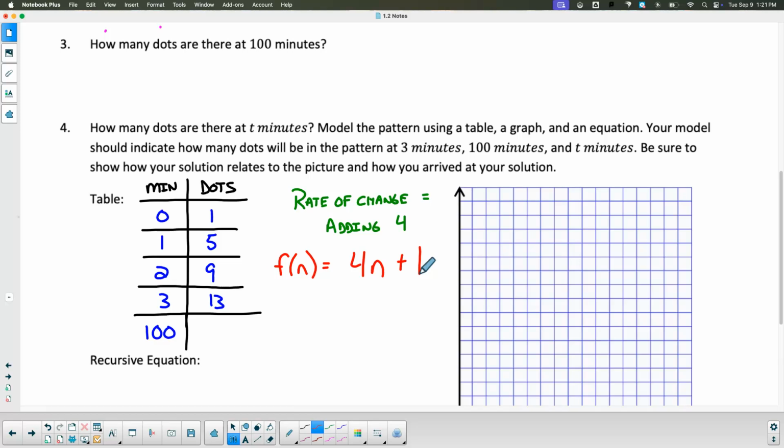It's that middle dot that we started with. So if you think about this equation, this number here is your rate of change, and this number here is your starting value.